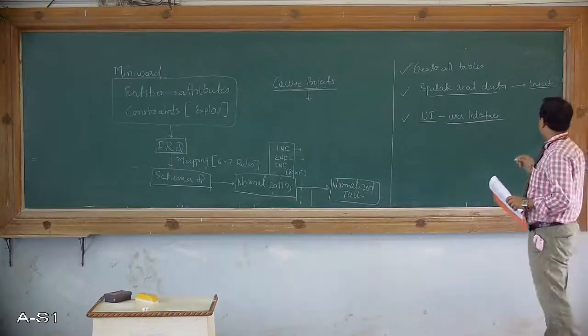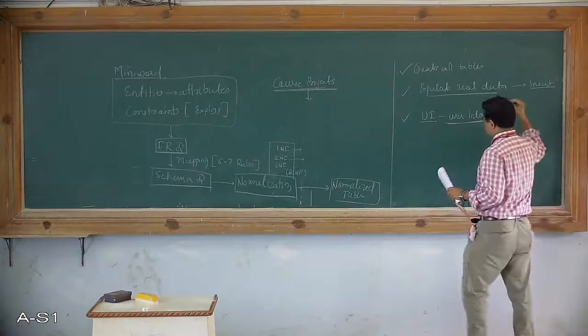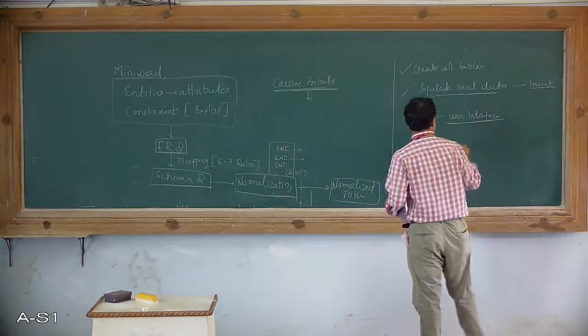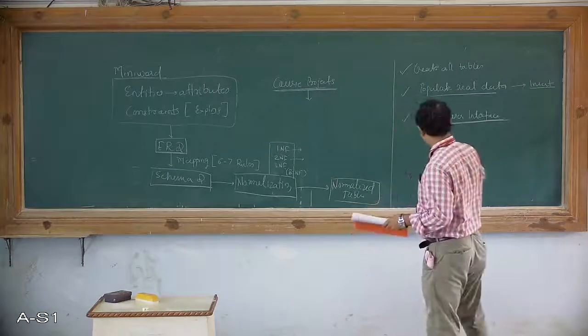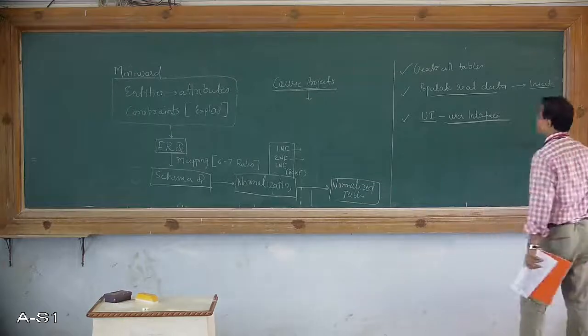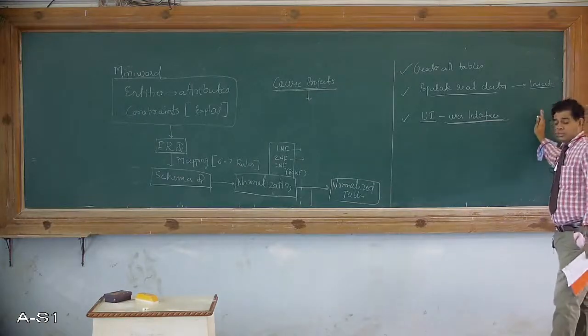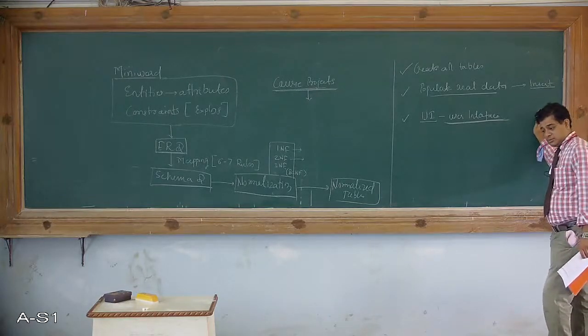For example, suppose you have one table. User interface designing I will discuss in another class, how to do this user interface, but this is what is required as part of your lab course project.